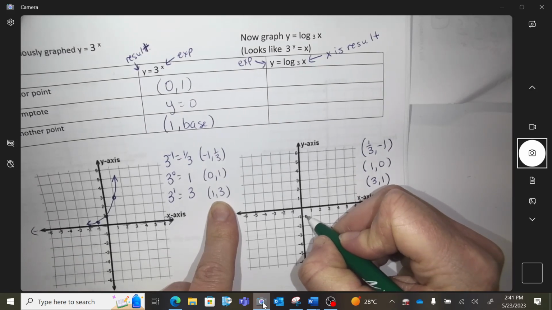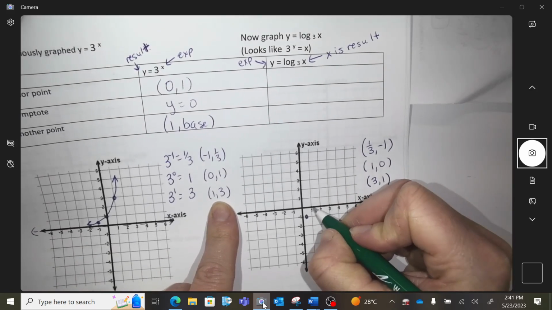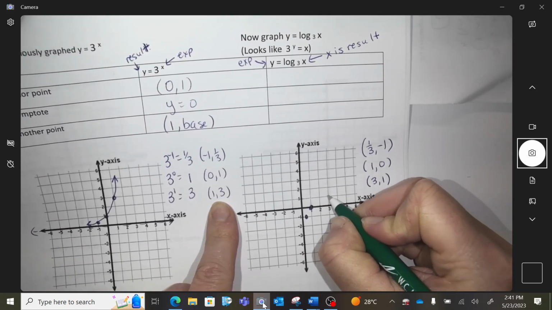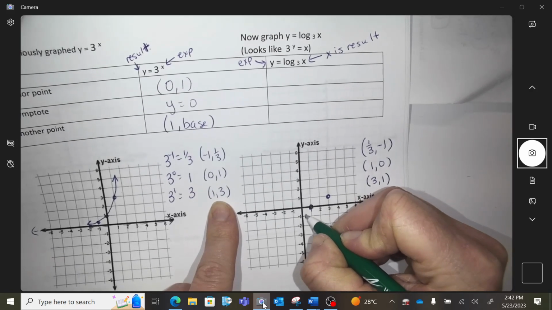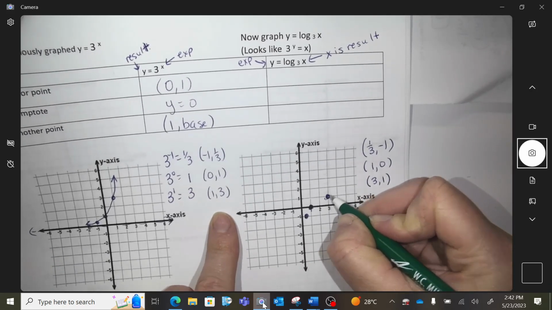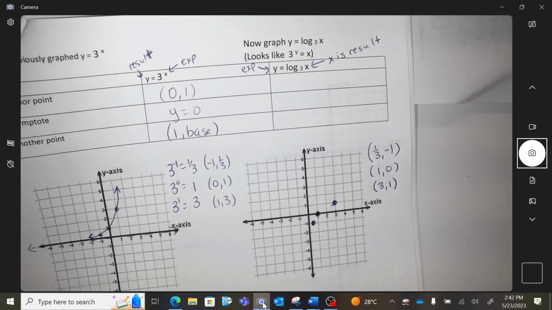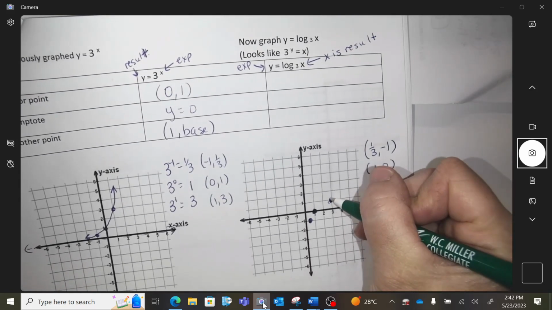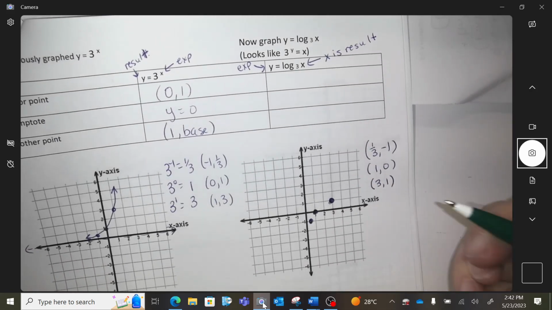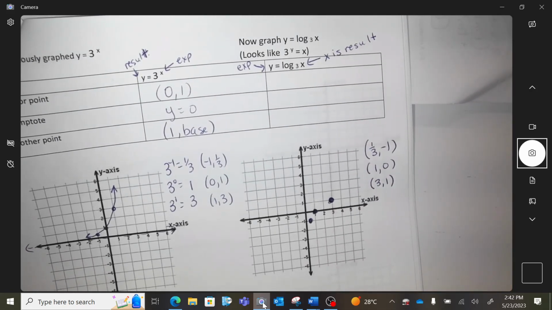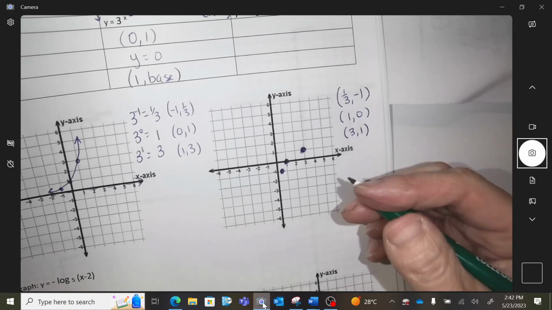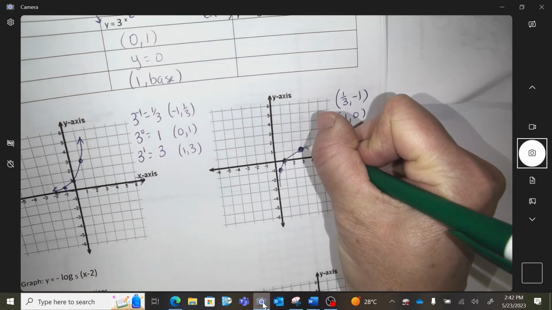So see if you can figure out how to plot those points and what it might look like. So there it is, and then I'm going to curve it.